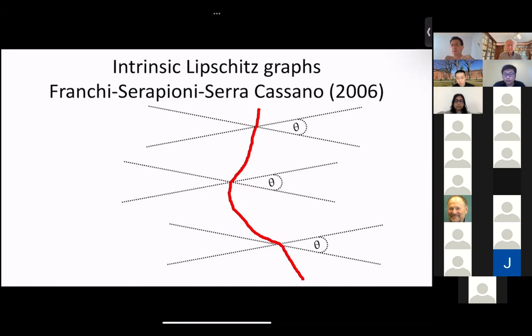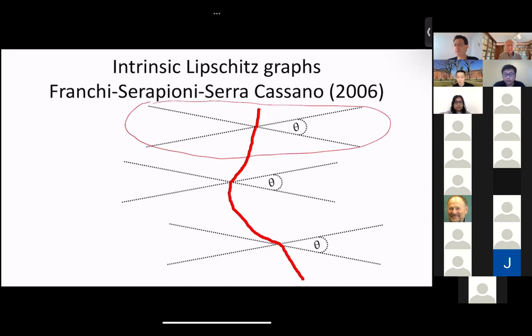Look at the double cone with angle theta, drawn here, and put the cusp of it on the graph, and then draw the picture that you see here. So look at all double cones.